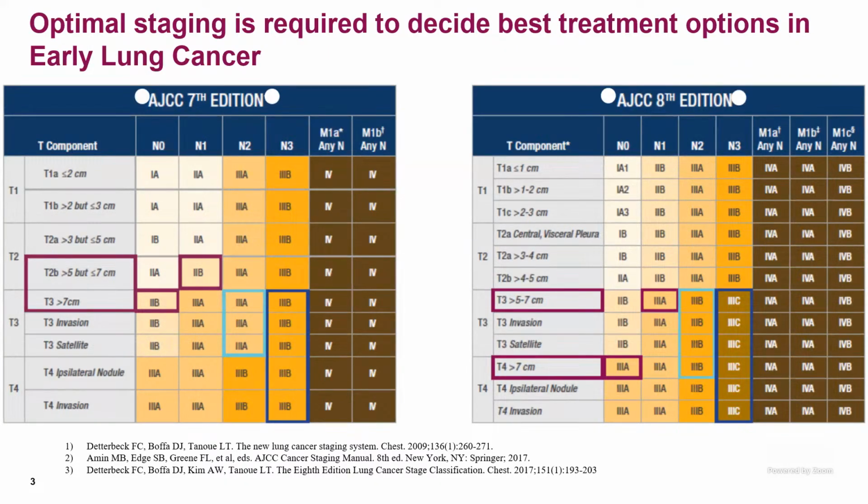With N0, it was stage 2A. With N1, it was 2B. More than 7 centimeter was 3B, which has now in AJCC 8 become 3A disease. And tumor more than 5 to 7 centimeter with N1 disease, which was previously 2B, has now been put in the stage 3A category.